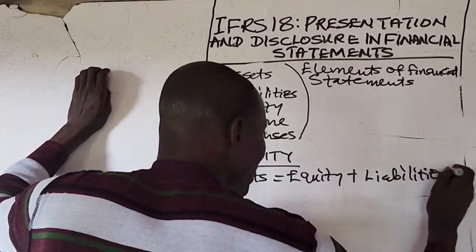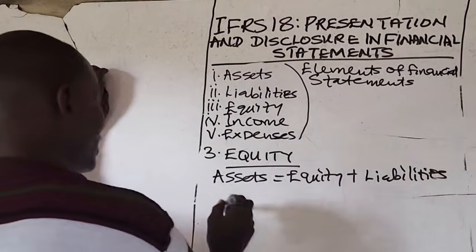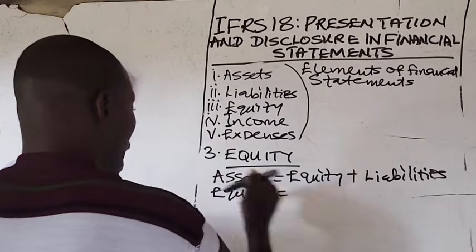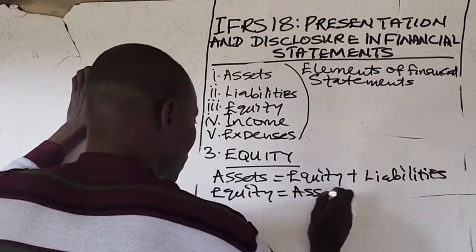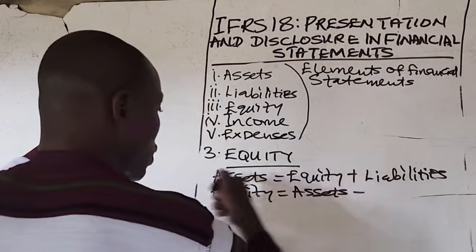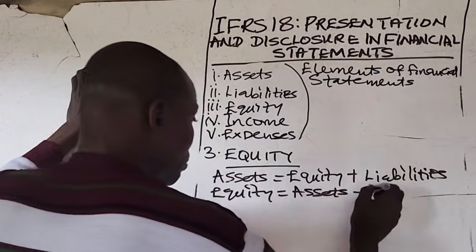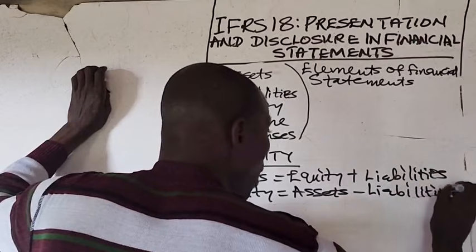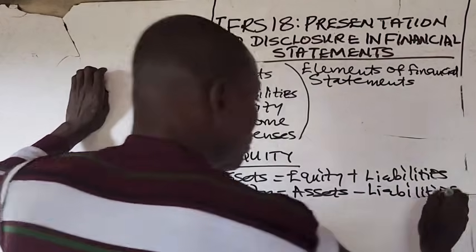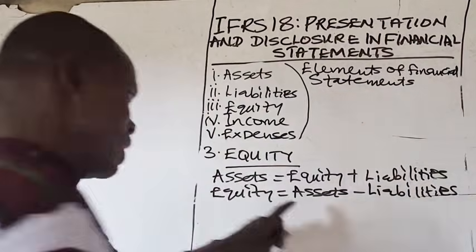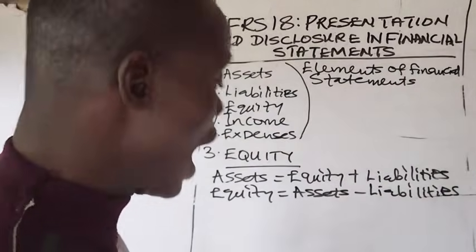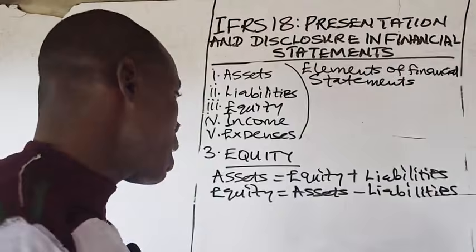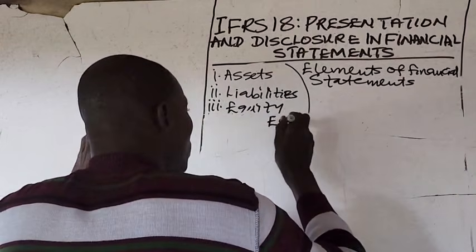So if you make equity the subject, you have equity equal to assets minus liabilities. That is why we say the residual interest in the net assets of an entity is the equity. Equity has two components.